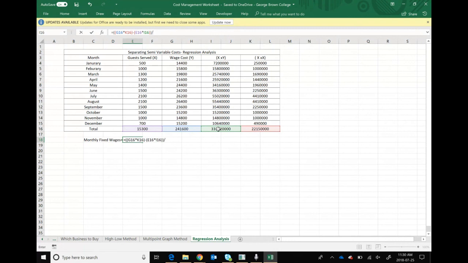how many are there here? There's 12 months. I'm going to put a bracket in there as well. There we go. Multiplied by x squared, or the sum of x squared. There we go.